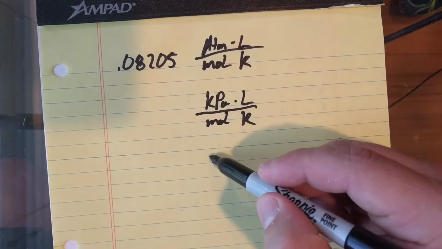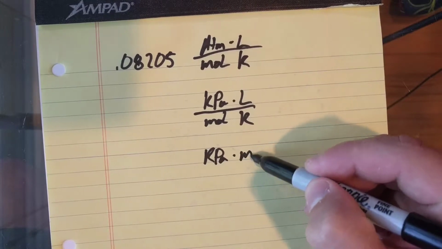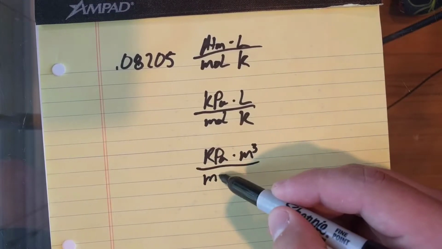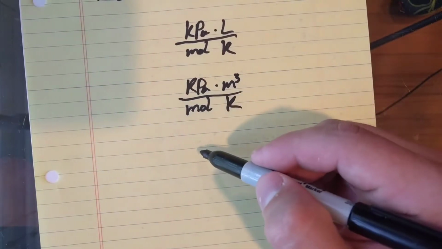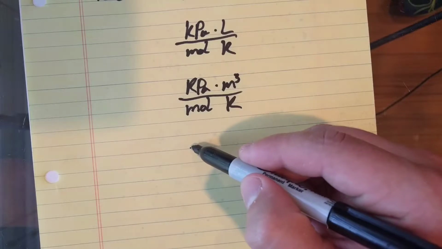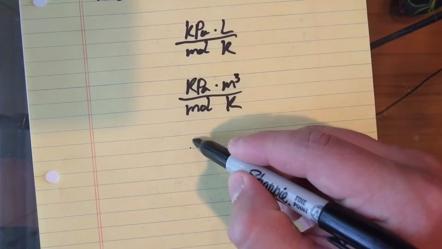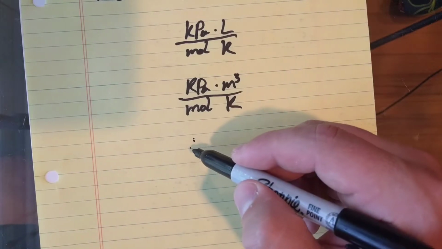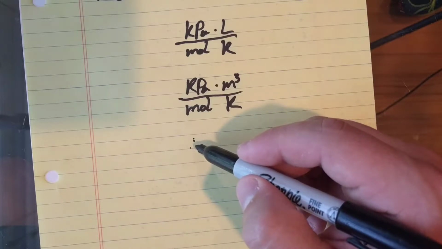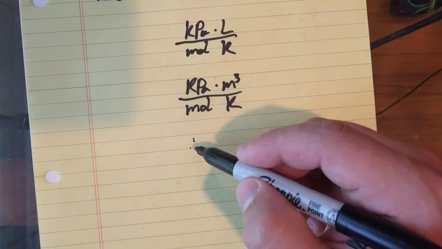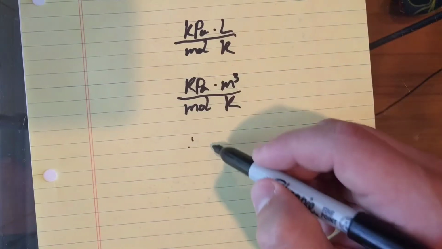I want you to write it kilopascals per meter cubed mole Kelvin. I want you to write it as, what's the other unit of pressure? It's, that's torr? Is that one of them? Doesn't matter.